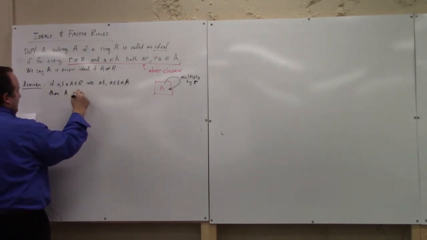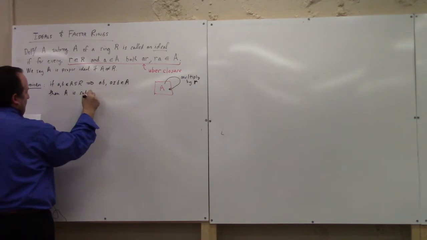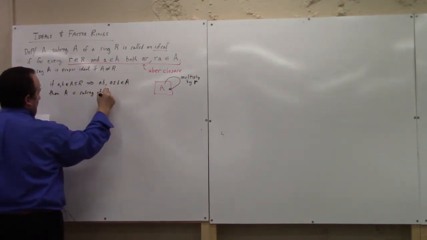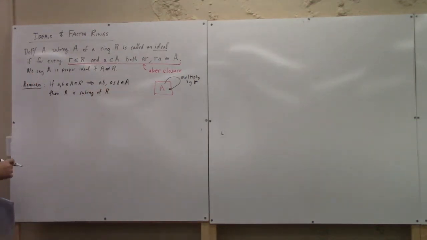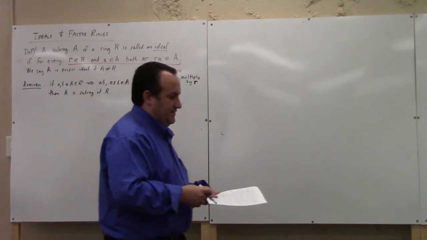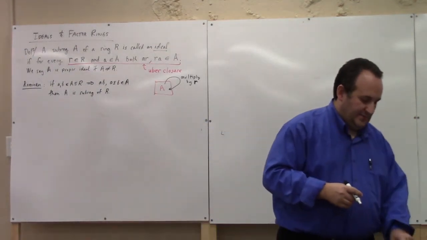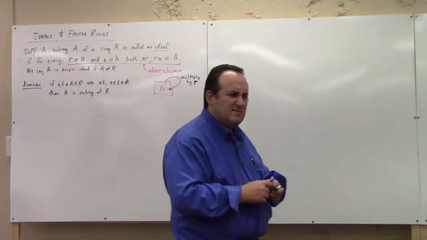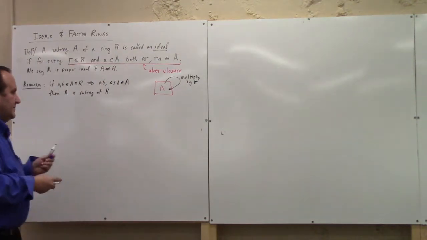What's the difference between a subrng and a subring? Every subring is a subrng. But what happens if you have a subring which is an ideal? Let's think about it.